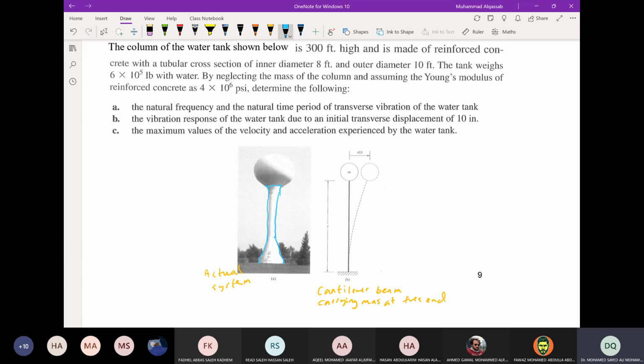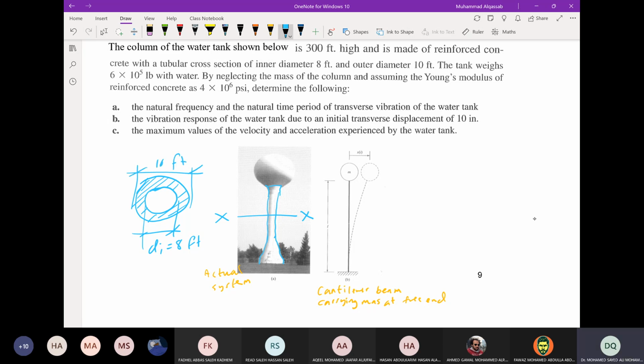With a cross section that is tubular, which means it is hollow with inner and outer diameter. The inner diameter is 8 feet, so DI is equal to 8 feet, and the outer diameter is 10 feet.